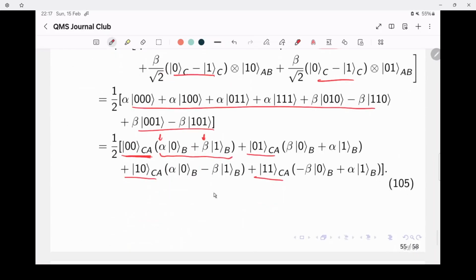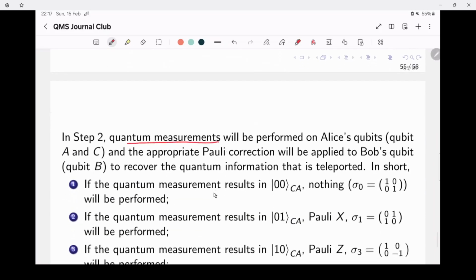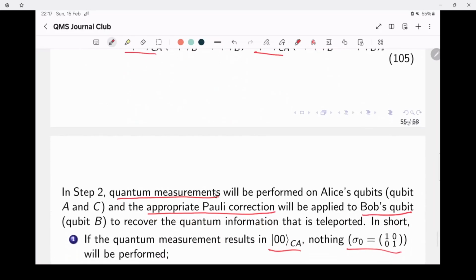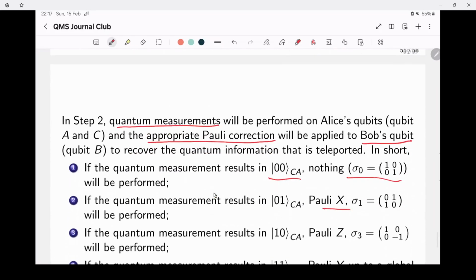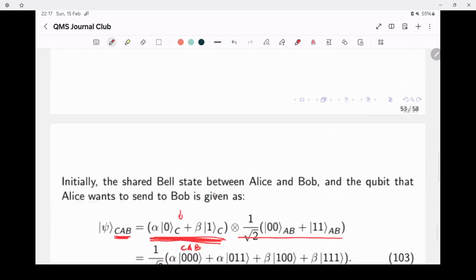Okay. So looking at here, when you perform your quantum measurements, you will do appropriate Pauli corrections with Bob's qubit. So if you get 0, 0, you do nothing. If you get 0, 1, then you need to perform Pauli X. 1, 0, Pauli Z. 1, 1, you do Pauli Y. So why Pauli Y?